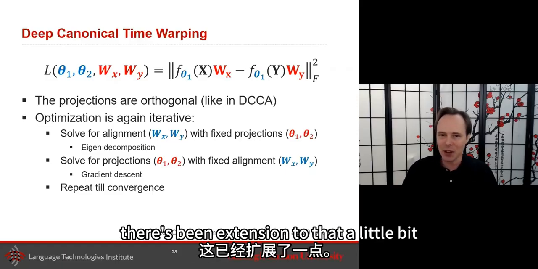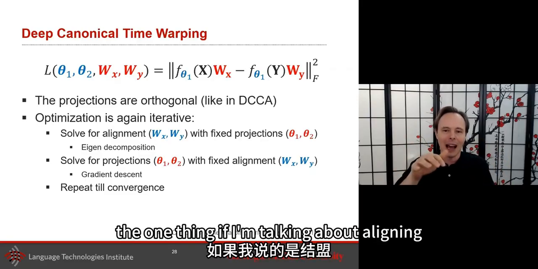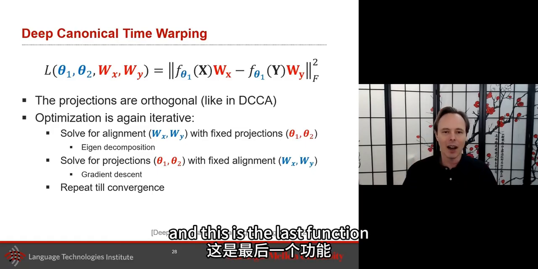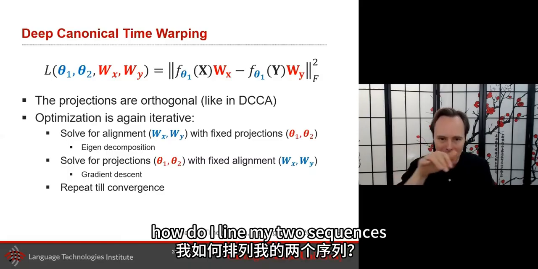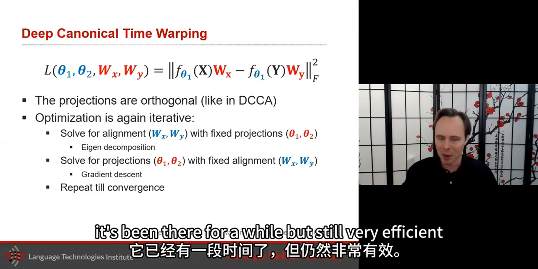There have been extensions to that, but this is the one thing I will say about aligning when the loss function is how do I align my two sequences. Dynamic time warping is a very key one that's been there for a while, but is still very efficient.